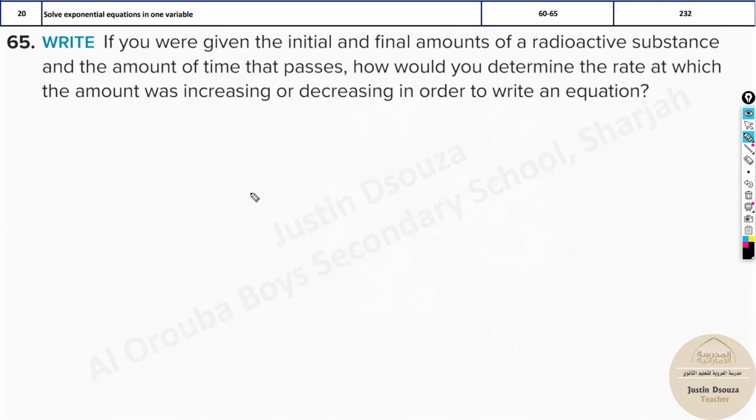Rate formula, it's given by y, the final amount, is equal to a, the initial amount, times r to the power t, the amount of time that passes, whether increasing or decreasing.